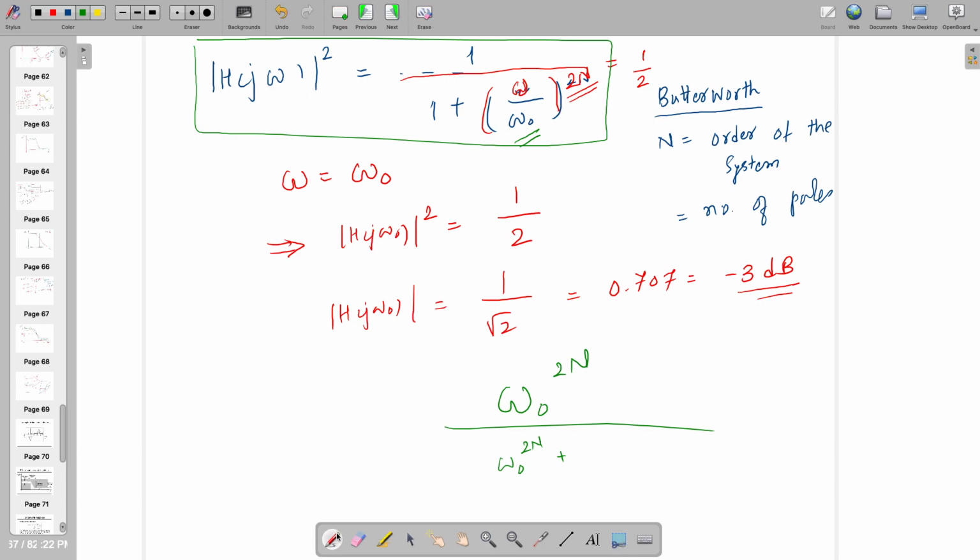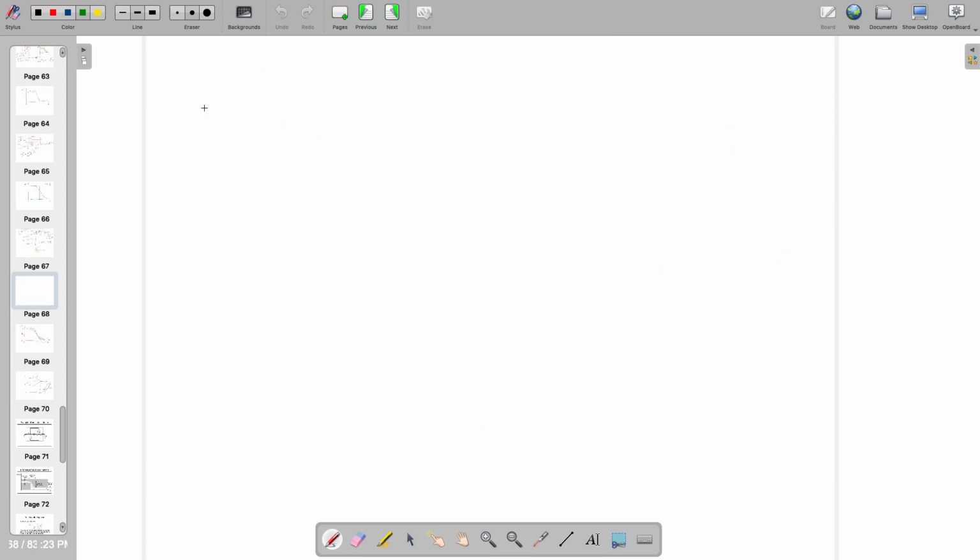It's fine. It was a mistake because most of the books, if you are into analog, there are basically two kinds of filters. One is analog and one is digital. What we are doing right now with op-amp is actually an analog filter.